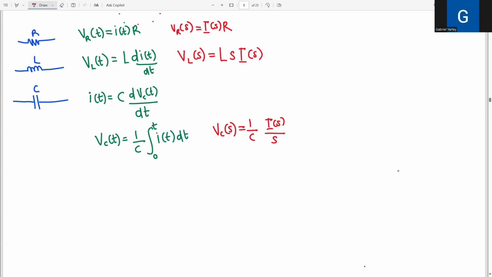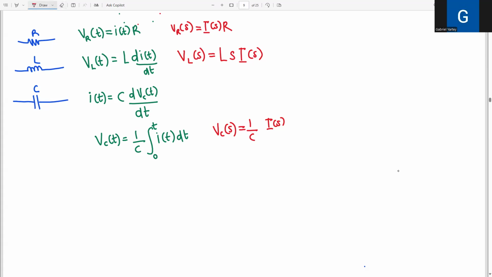In this case, it's an inductive reactance, right? And then for the capacitor, for you to get this amount of current to flow through, you have to get this amount of impedance, this 1 over C times s. So let me write this well.